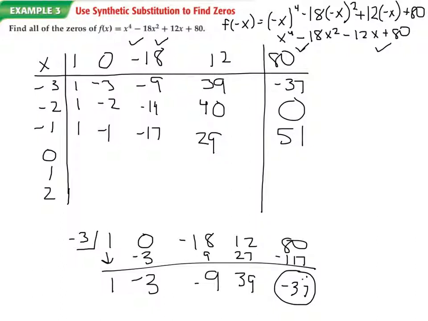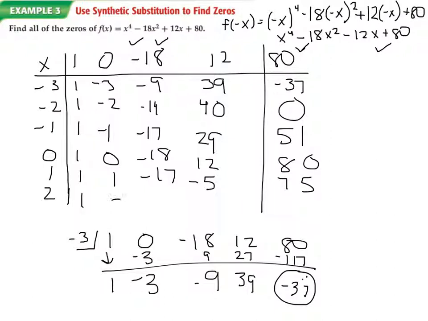So that one's not going to be one of them. With 0, we'll have 1, 0, negative 18, 12, and 80. Again, the remainder's not 0. With 1, we have 1, 1, negative 17, negative 5, and 75. And with 2, I have 1, 2, negative 14, negative 2, and 76. So the only one I can use from this table is the negative 2.